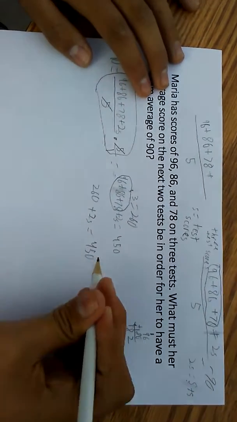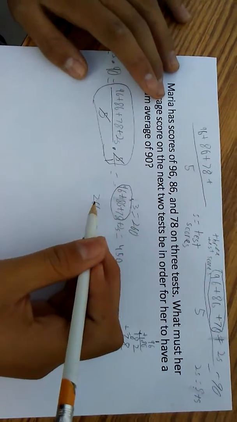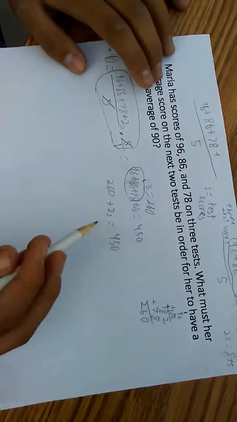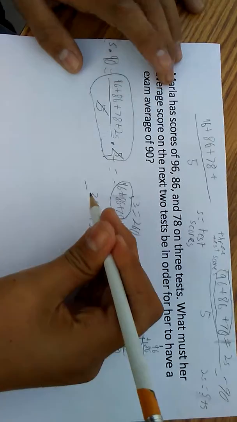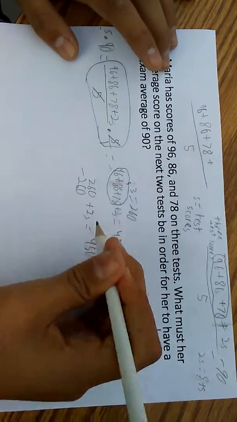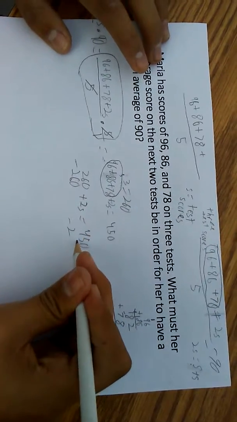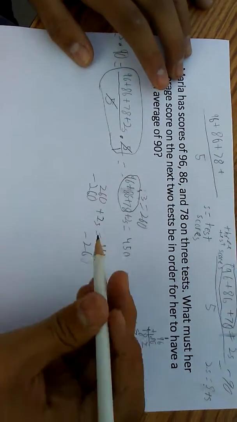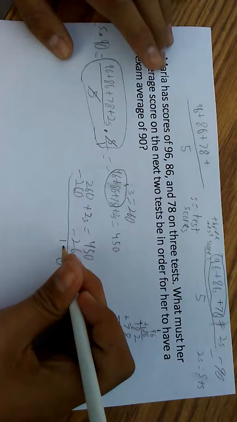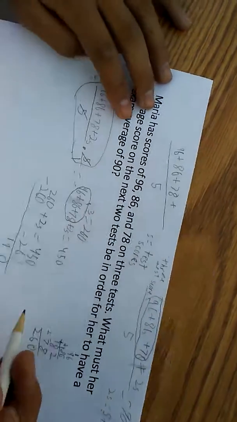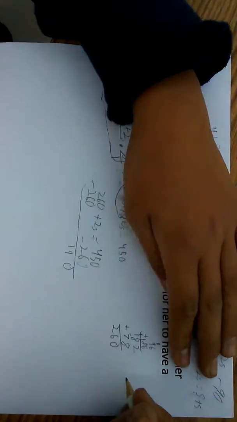Now I'm going to use the inverse operation of a positive, which is addition, by using a negative, which is subtraction. So I'm subtracting 260 from both sides, and that would equal 190. I'm going to make sure I got that part correct, because I'm not always the best.